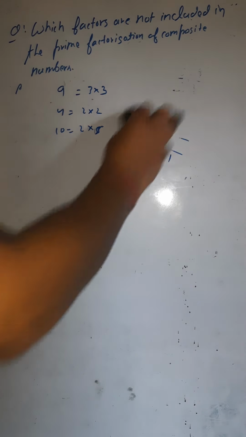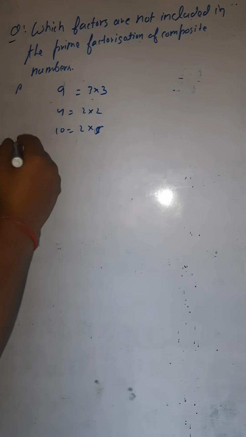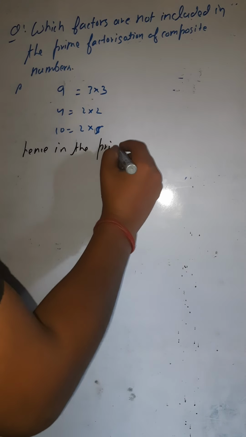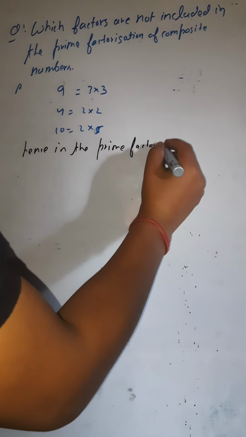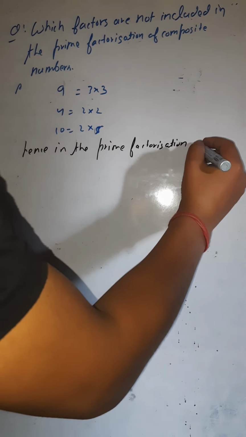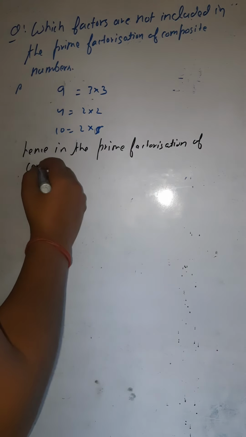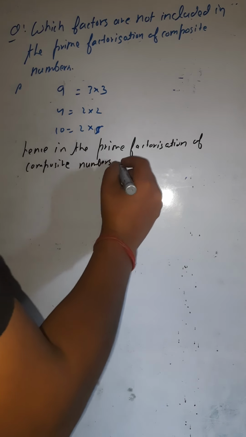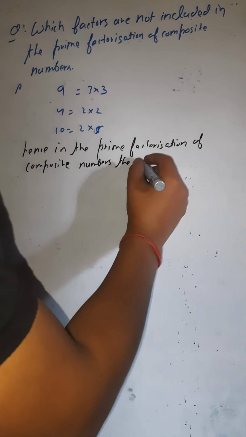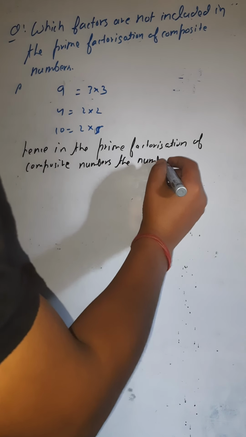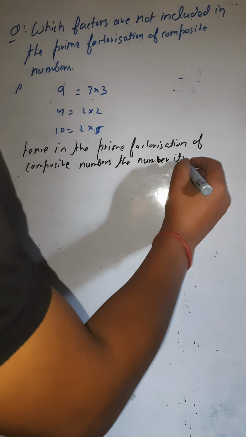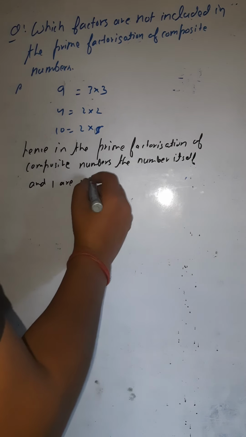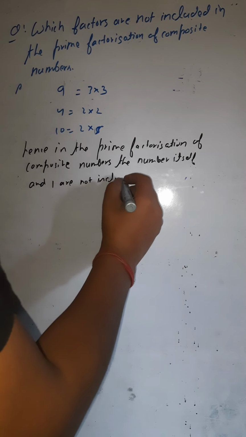So you would write here, hence in the prime factorization of composite numbers, the number itself and 1 are not included.